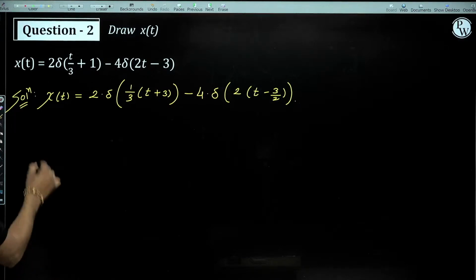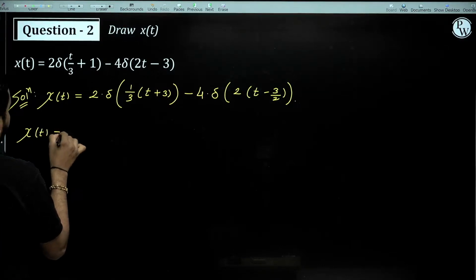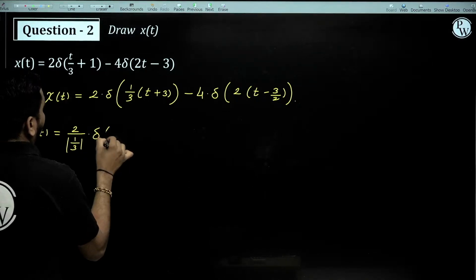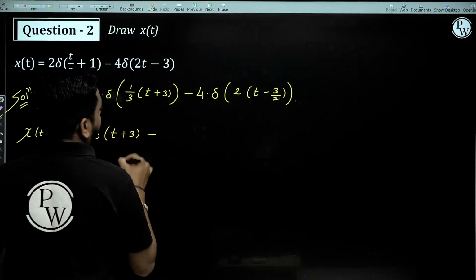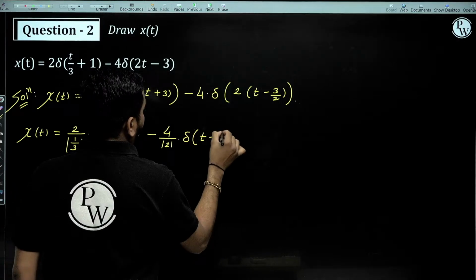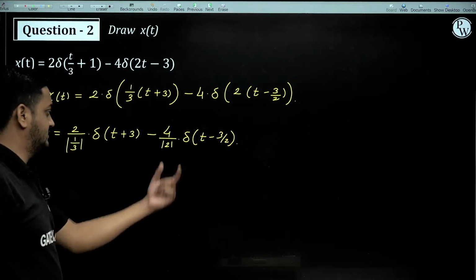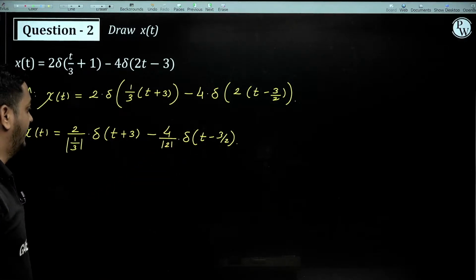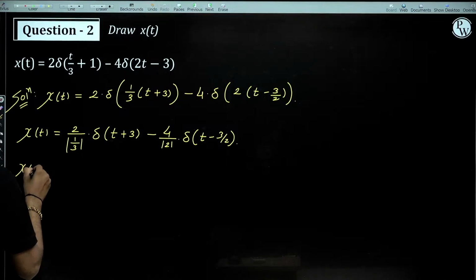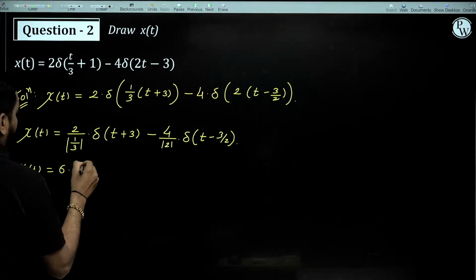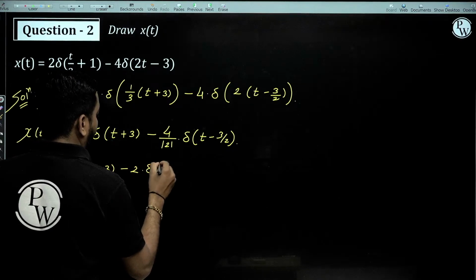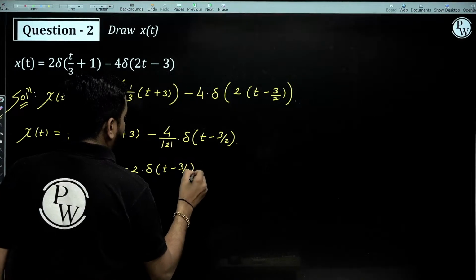Now the time scaling property: 2 divided by mod 1 by 3 delta of t plus 3, minus 4 divided by mod 2 delta of t minus 3 by 2. So this impulse is present at t equal to minus 3 with area 6, and this impulse is present at t equal to 3 by 2 with area minus 2. That is 6 delta of t plus 3 minus 2 delta of t minus 3 by 2.